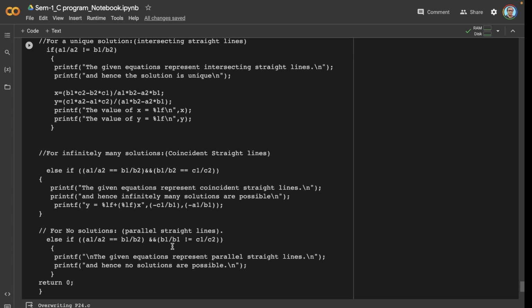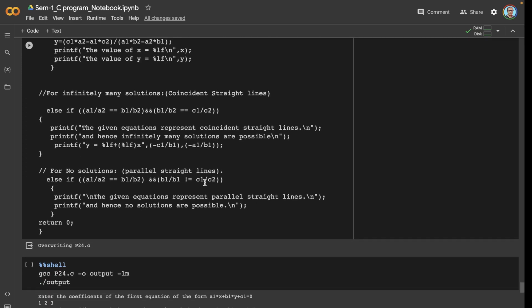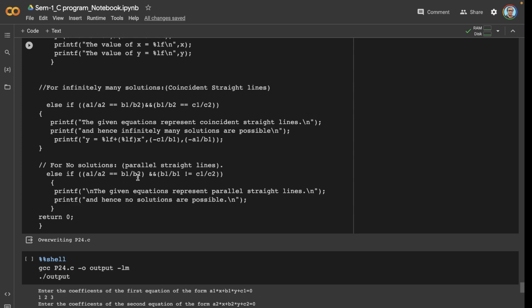So given equations represent coincident straight lines if this condition holds: a1 by a2, b1 by b2 equal to c1 by c2. Then we can write the solution this way: y equals to some constant plus some multiple of x. So x is arbitrary. So y equals minus c1 by b1 plus minus a1 by b1 into x. For no solution, parallel straight lines, that means a1 by a2 equals b1 by b2 and logical and b1 by b2 not equal to c1 by c2.